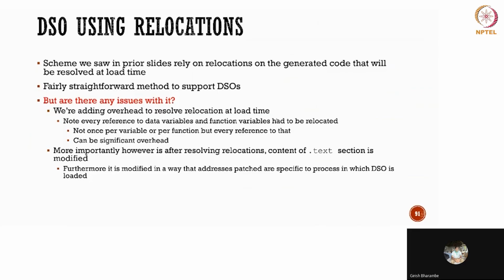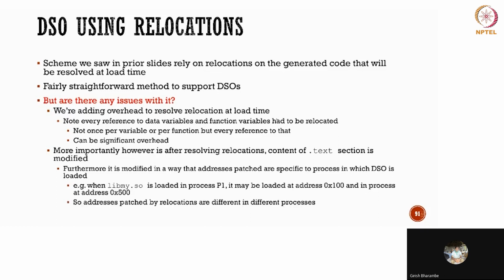So I have the same problem which I had with static libraries: if the static library is linked to one exe, and then another exe, and then another exe, each of them has a separate copy of that code. One of the things shared libraries want to do, and the reason they exist, is that we want to share this code at runtime.